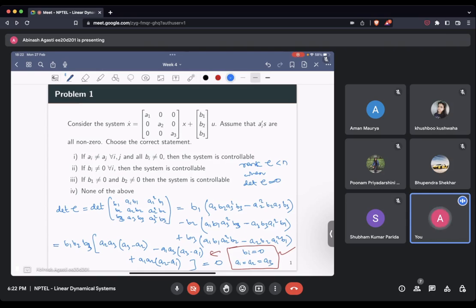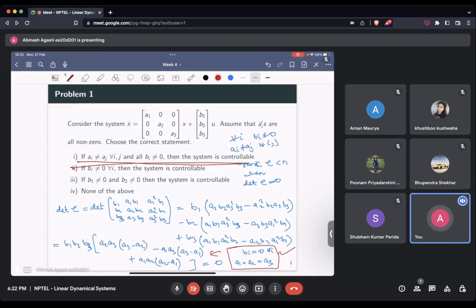See, here you had bi equal to 0 for all i, right? So for all i, you now want that this condition holds, first thing. Then you want that ai is not equal to aj for all i and j, which essentially is the first condition. So under that condition, the system will be controllable.